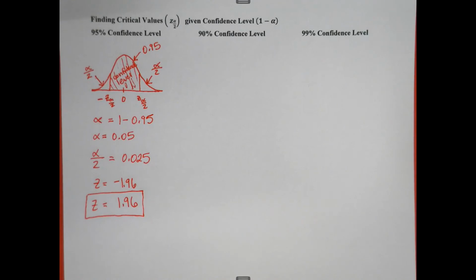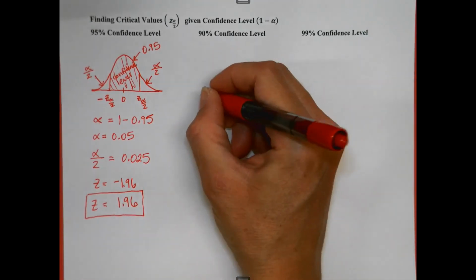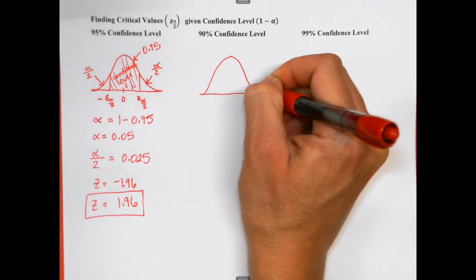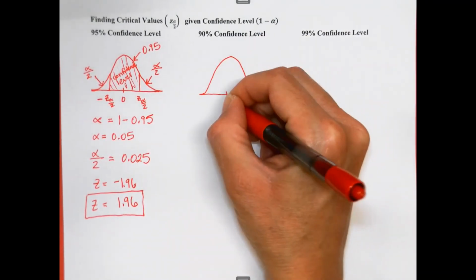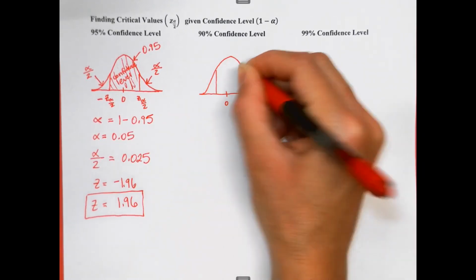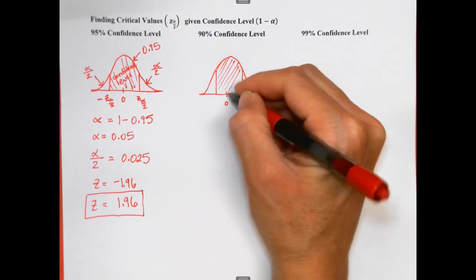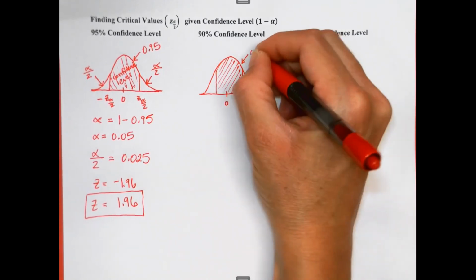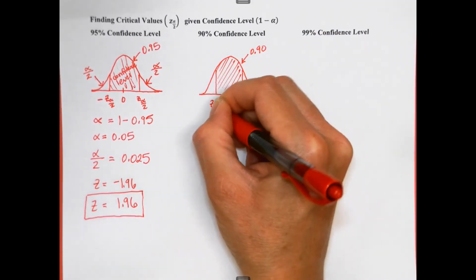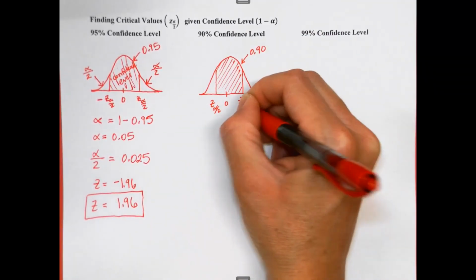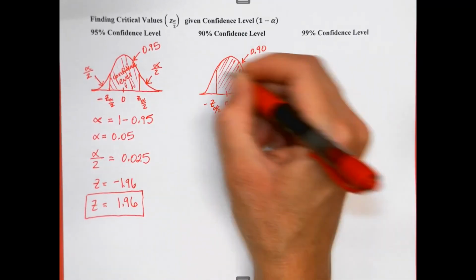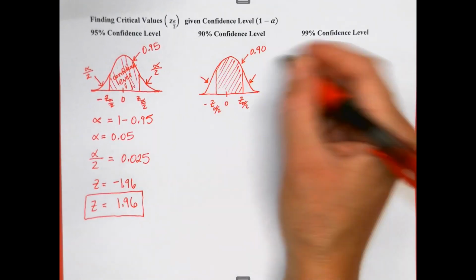We can do the exact same thing to find 90% confidence and then also 99% confidence. We need to find that z-score where this area is 0.90. And so we need to figure out, okay, what are these two areas?